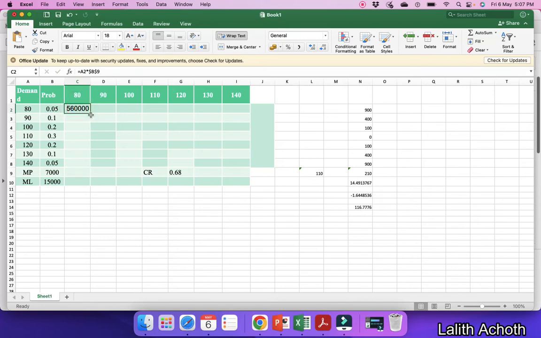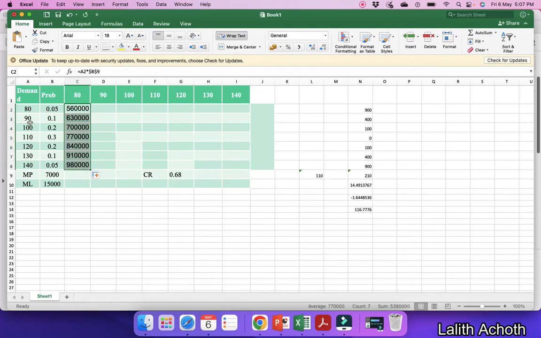Because if he has 80 quantity of stock, he can sell only 80. So, mistake. I fixed the wrong one. But that doesn't change, and just fix it with F4. And the price also doesn't change. I'll fix it with F4.